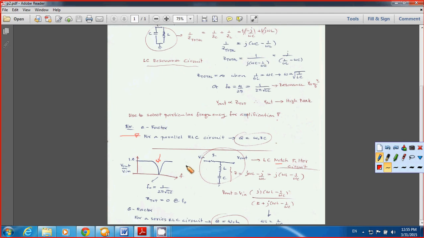The way they connect the circuit looks like this. You have R, just the same, but instead of connecting L and C in parallel, we do it in series.